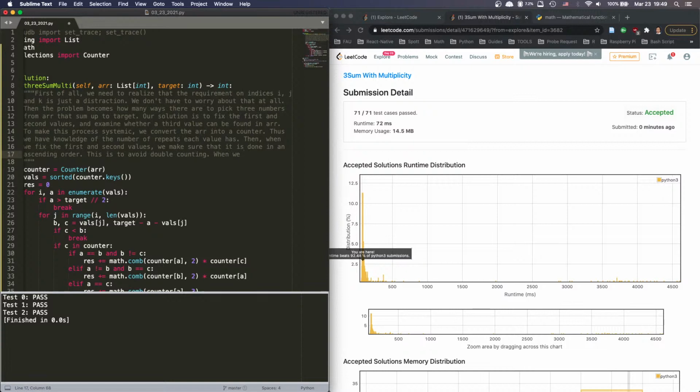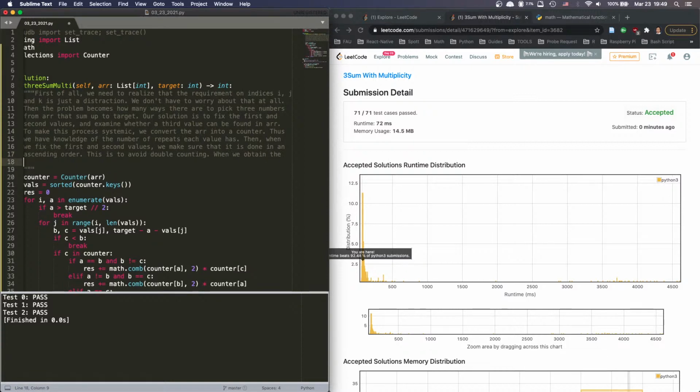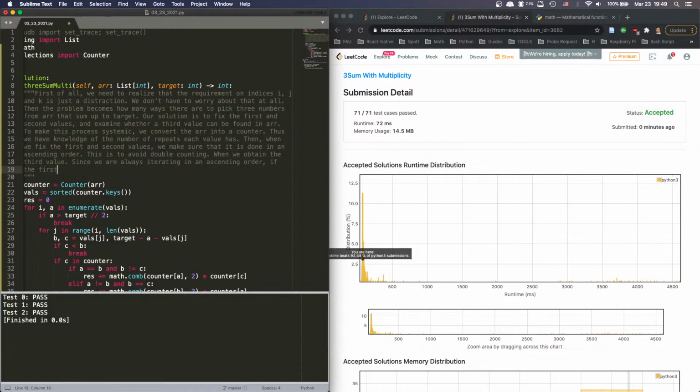When we obtain the third value, since we are always iterating in an ascending order, if the third value does not follow the order, well, I should also specify it's ascending or non-descending.